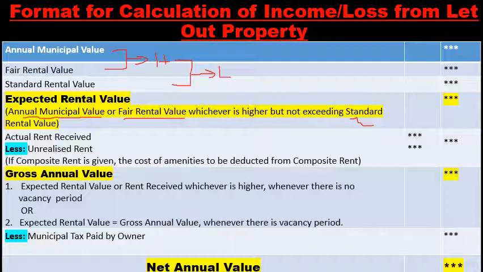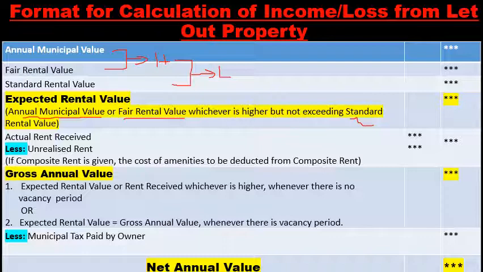For example, the rent of the house is 10,000, and in that 10,000, 1,000 is the cost of water supply, 1,000 is the cost of electricity, and 1,000 is the cost of watchman provided to the house. If these costs are included in the rent of house property, then such rent is called a composite rent. So while calculating the income of let out property, or while calculating the actual rent, you have to consider the rent of the building only.